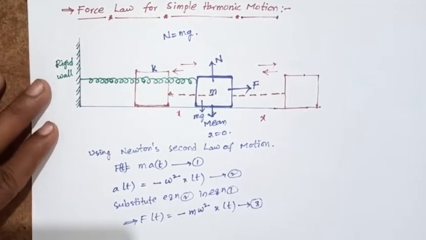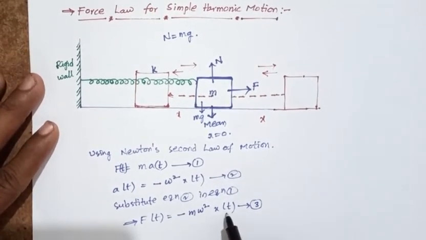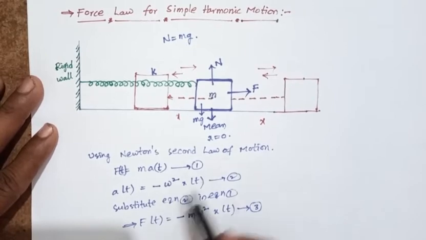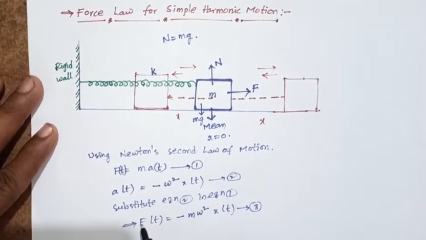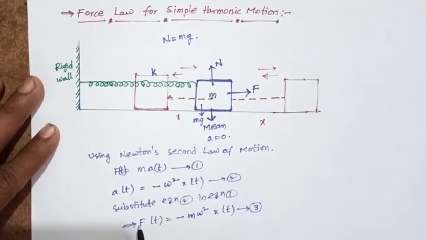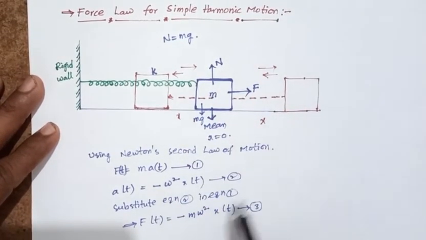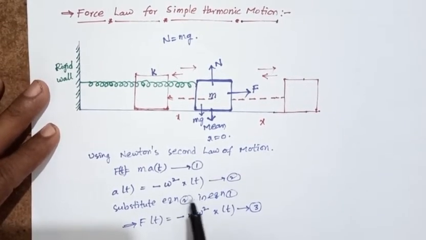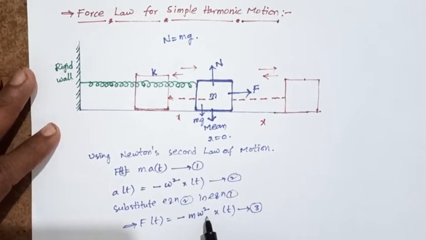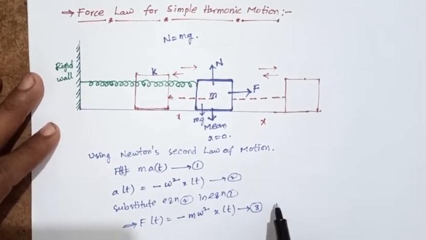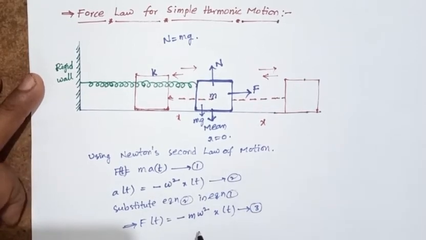In equation number 3, the displacement x of t changes with time, and the force also changes. When the force increases, the displacement increases. When the force decreases, the displacement decreases. But m is constant and the angular frequency is also constant, so the term m omega square is constant.